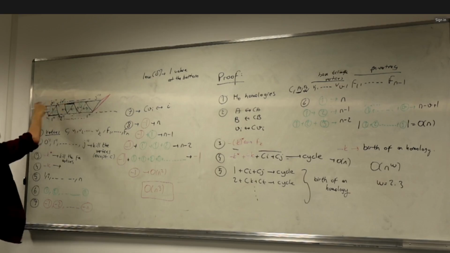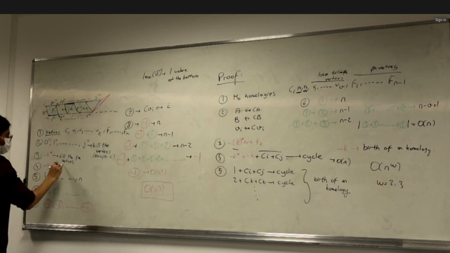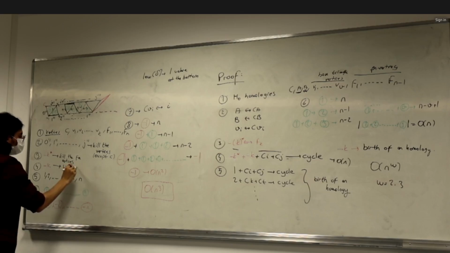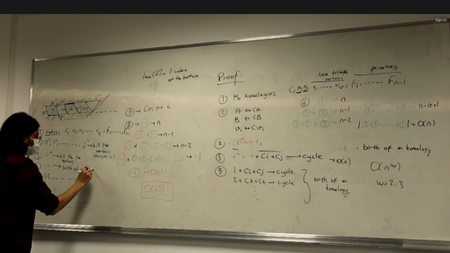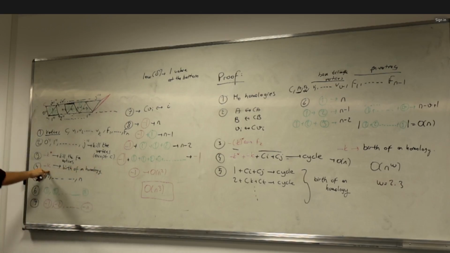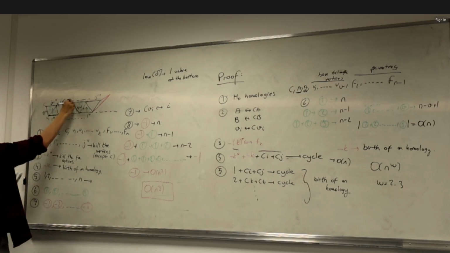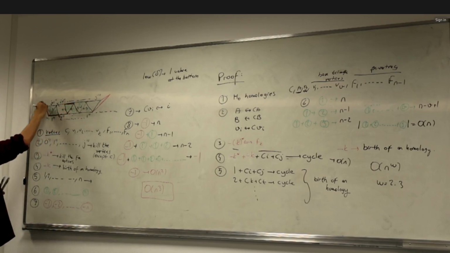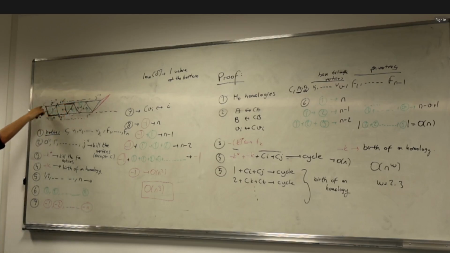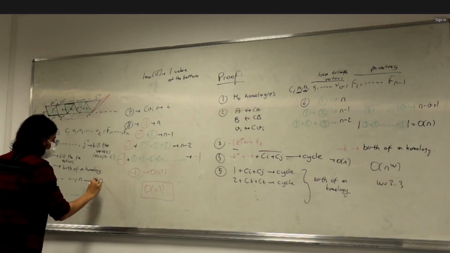You can see it creates a cycle here. So this will result in a birth of an H1 homology. And again, it will be killed when we add the inside of it, which is at the last step. So again, when we add the edges inside of it, similarly, they again create homologies, because we can go all the way up to this, and then we can get this cycle here. So again, they will result in a birth of an H1 homology.